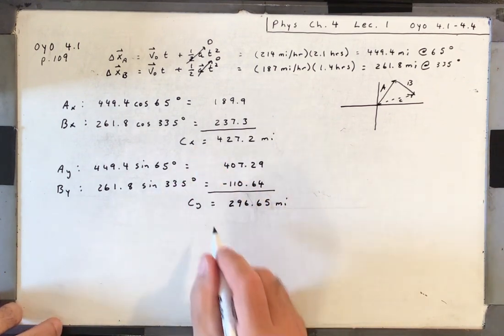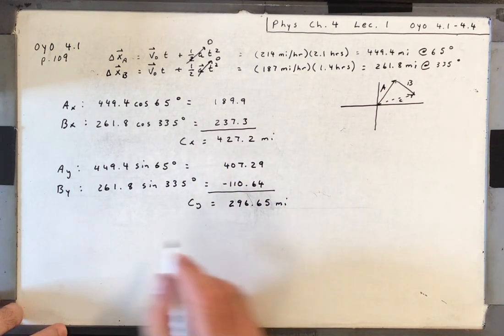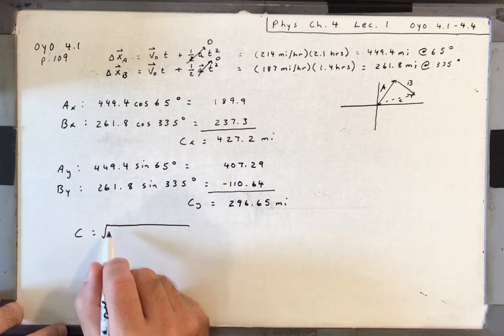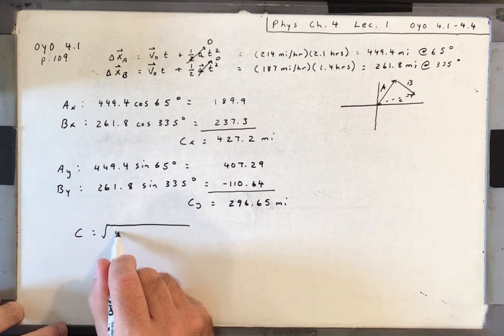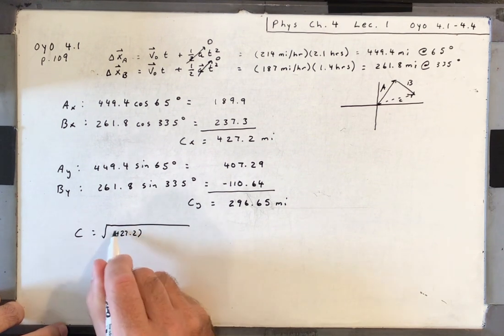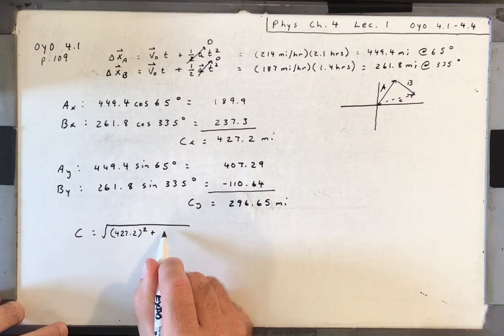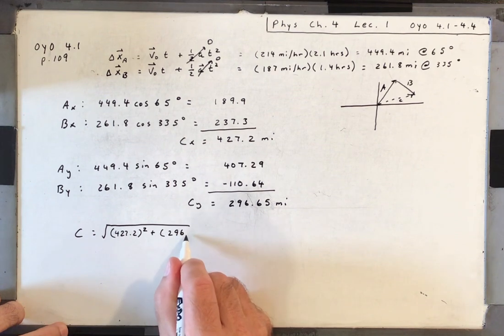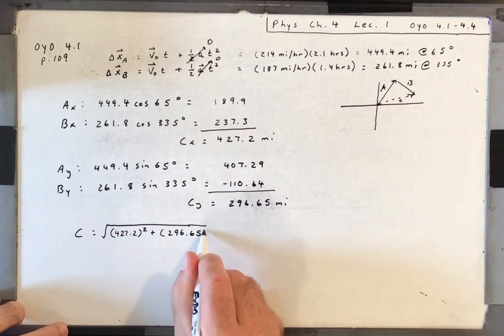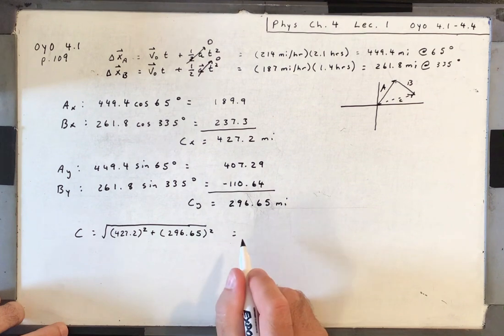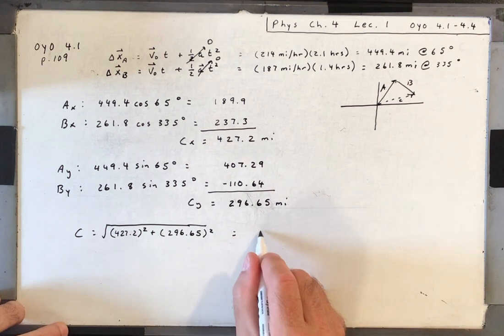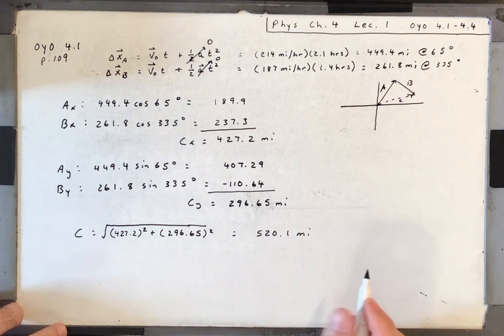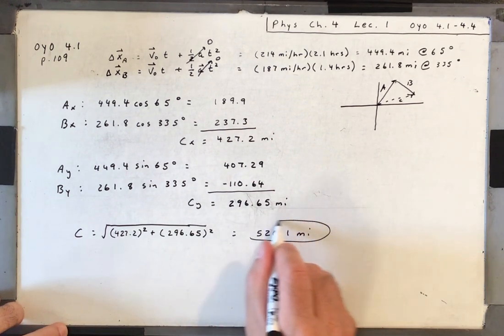Okay, we have our x component, our y component. So let's get the magnitude of vector C. That's going to be 427.2 squared plus 296.65 all squared. Take the square root of that. You get 520.1 miles. So that's part of your answer.